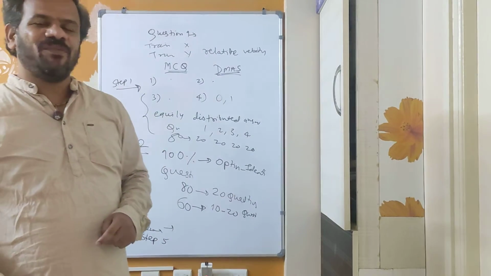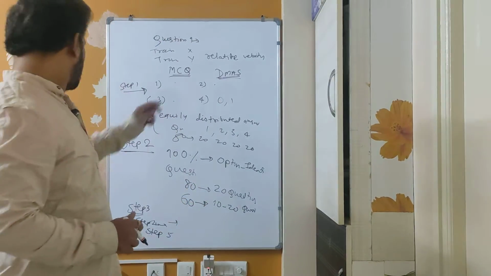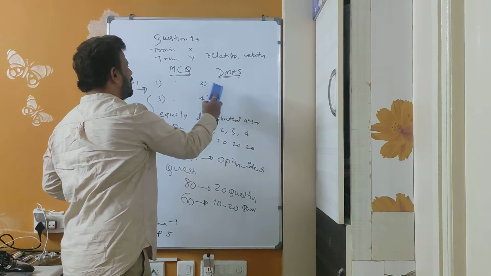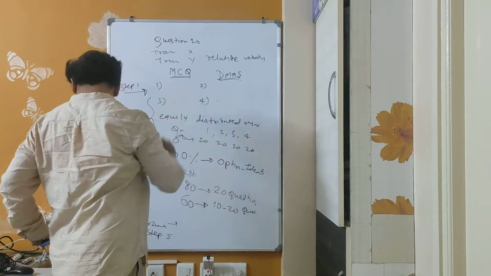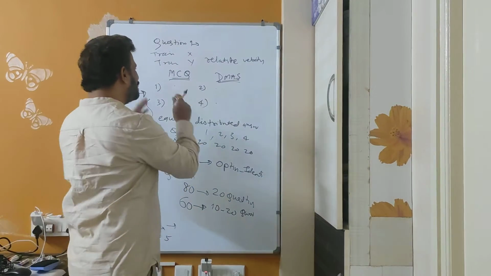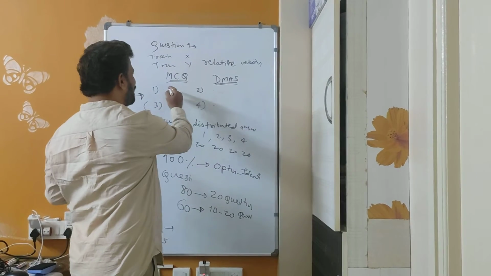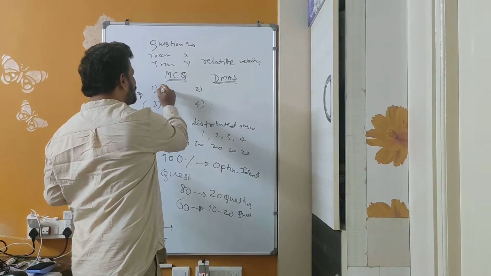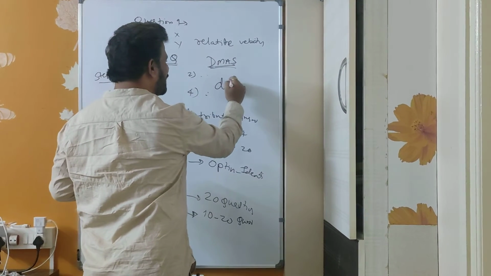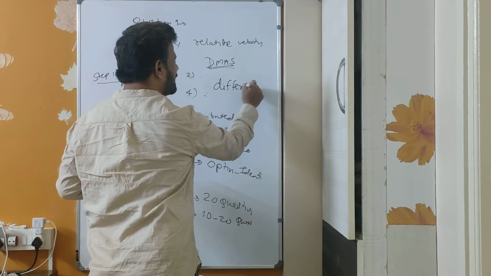So step number 5, you should understand out of all the given options, which option seems to be totally different. You should visualize, or you should see option 1, option 2, 3, 4 and differentiate with your visual eyes.